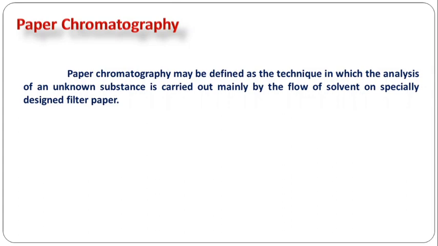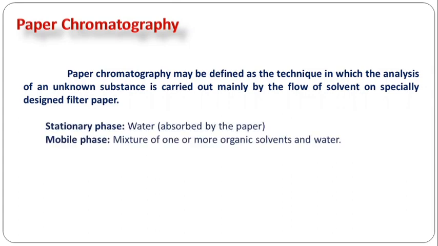In this case, the paper is used as a support for the stationary phase, while the mobile phase is a solvent. The stationary phase is water, which is absorbed on the paper. That paper is made up of cellulose fibers. So this water, our stationary phase, is absorbed on these cellulose fibers.